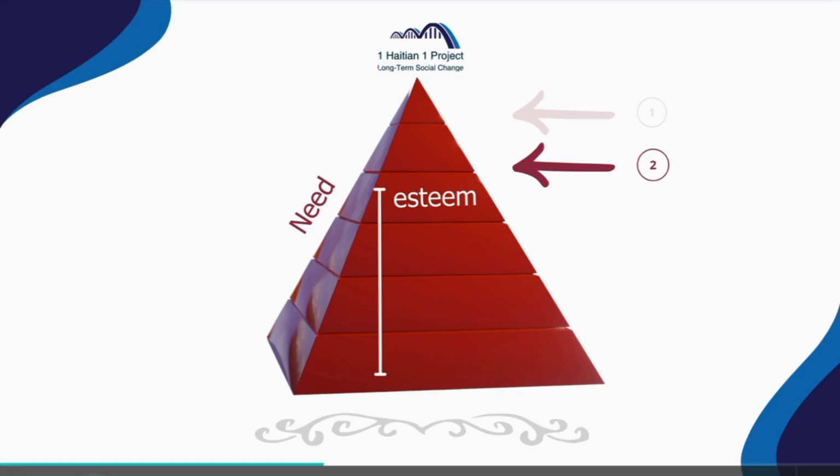The first 4 levels of the pyramid, as Maslow explains, are about needs that express lack, and that the human being should make sure that they take care of.